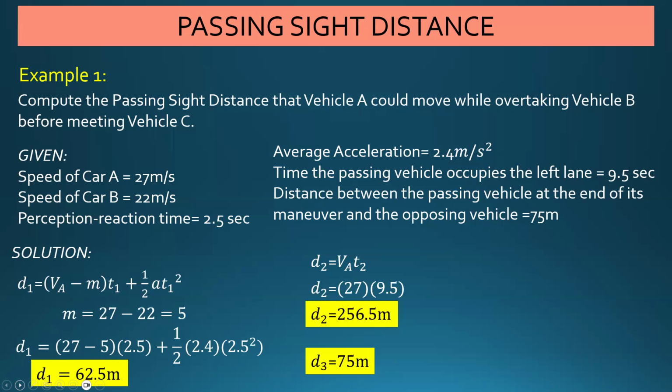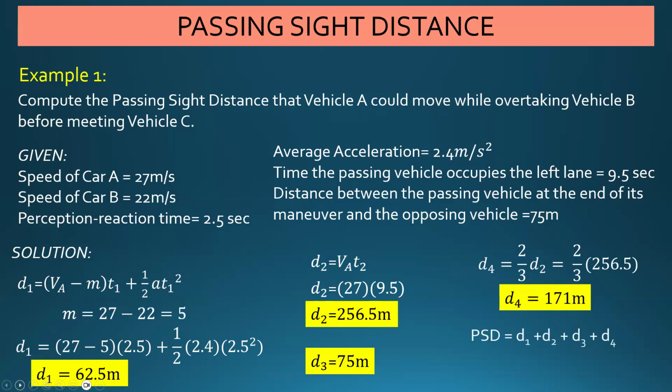It's the distance between the passing vehicle at the end of its maneuver and the opposing vehicle, which is 75 meters. Then d sub 4 is just 2/3 of our d sub 2, so 2/3 of 256.5. We will be able to get a d sub 4 of 171 meters. So summing these four distances, we will be able to get a passing sight distance of 565 meters. Okay, so that's how easy it is.